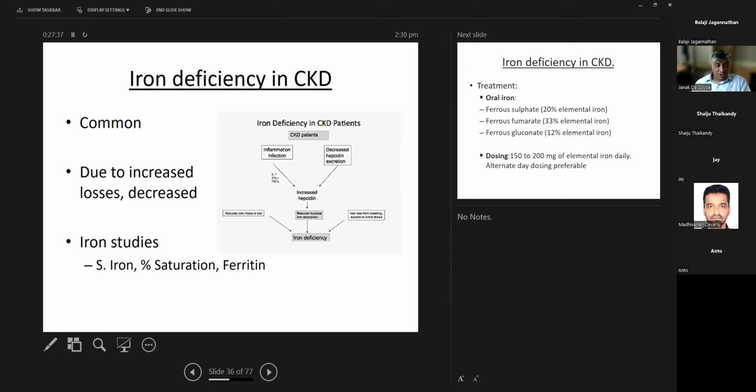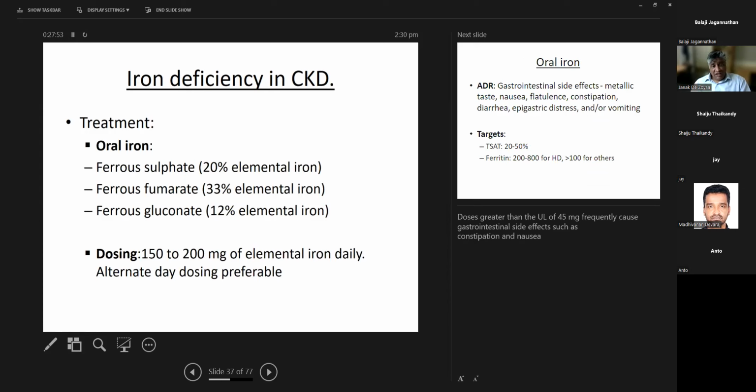In those situations, we're often relying on the serum iron and the percent iron saturations. We may even look at the percentage of hypochromic red cells or transferrin saturations, depending on your center. If patients do have early anemia, then we'll often correct that with the use of iron, and that can be either oral or intravenous.